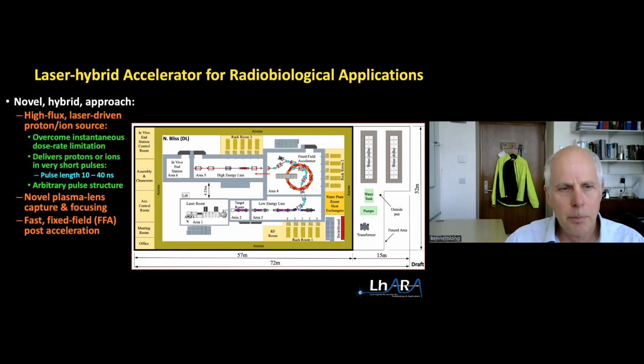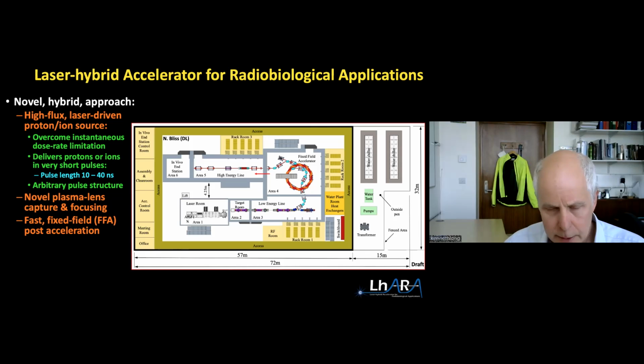A key benefit, or we hope it's a benefit, is that we have a very short laser pulse, and that, so long as we produce the accelerator in an appropriate way, is able to deliver a pulse length in the ion beam which is very short. And our estimation for LhARA is that we can deliver beams as short as 10 to 40 nanoseconds.